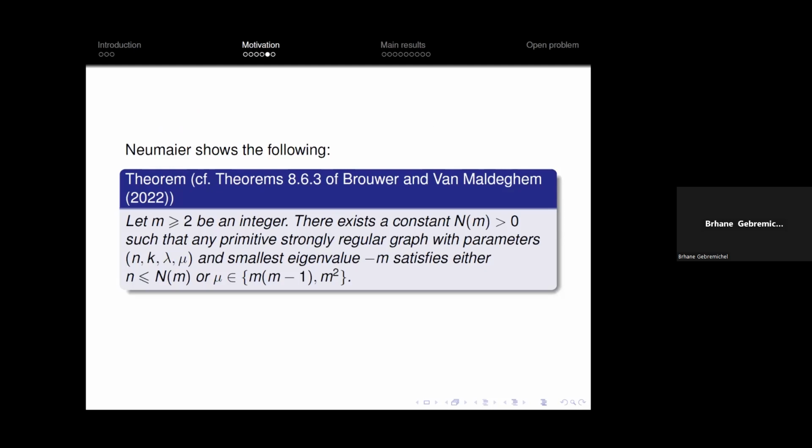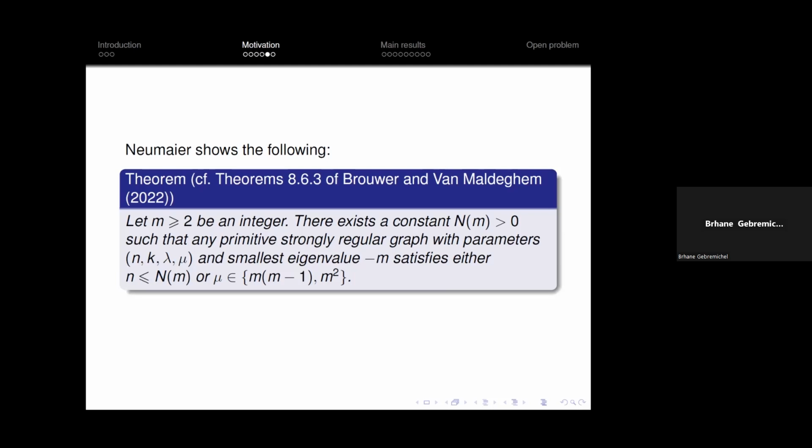The next theorem shows this result. It's a refinement of the previous result. Let m be an integer at least 2. There exists a positive constant N_m, dependent on m, such that any primitive strongly regular graph with parameters (n, k, lambda, mu) and smallest eigenvalue negative m satisfies either n is at most N_m, or mu is m times (m minus 1) or m squared.